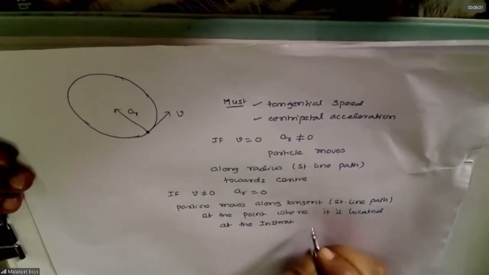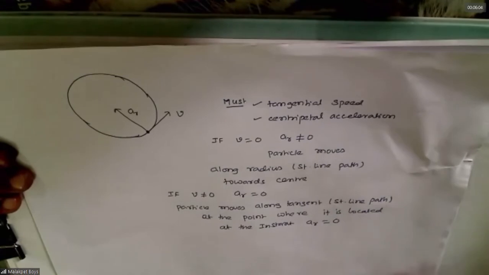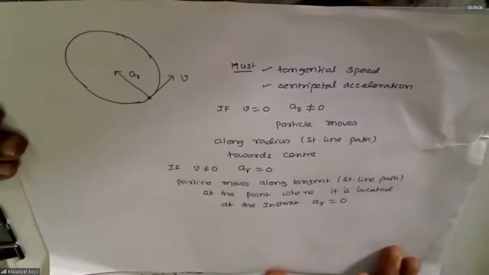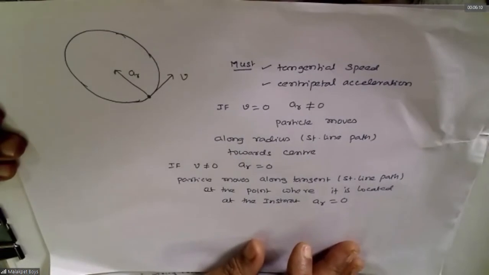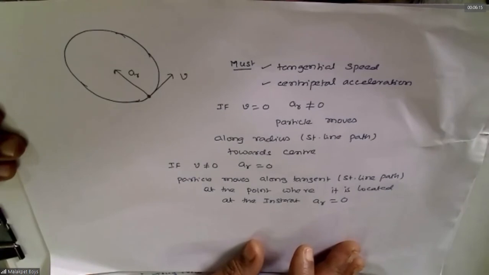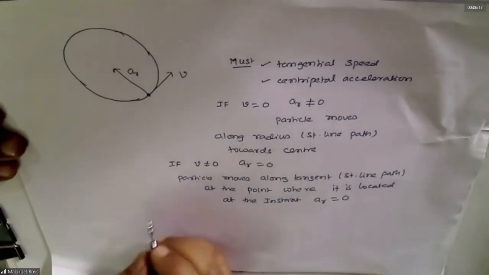So remember that without these, a particle cannot move in a circular path. Understood this? Clear. Next.